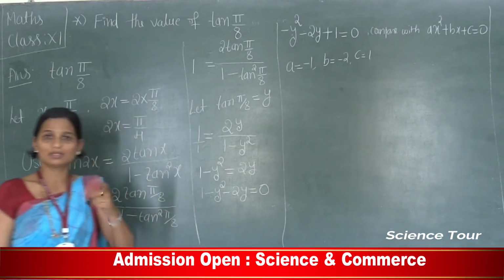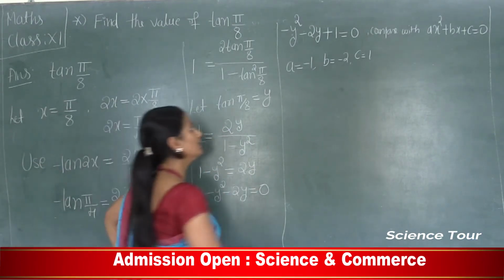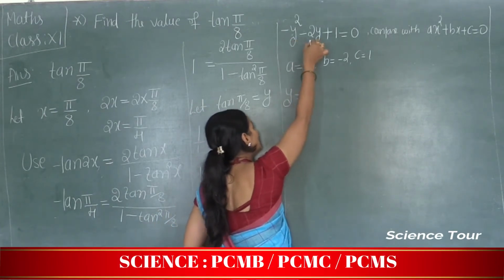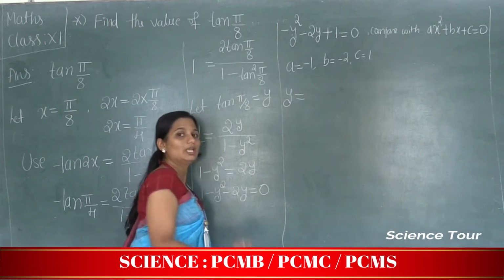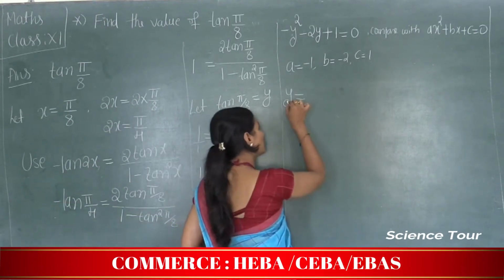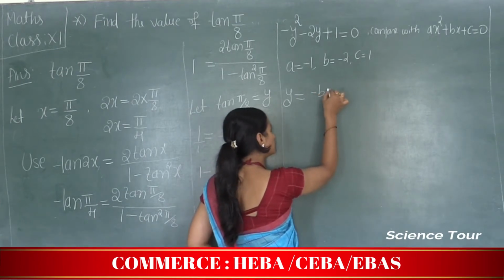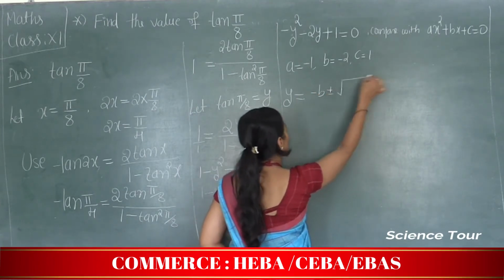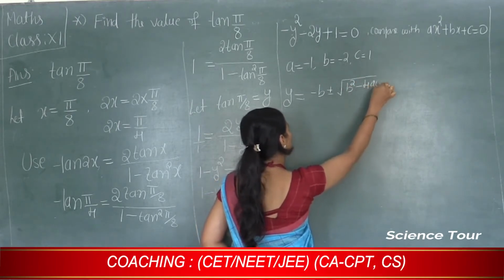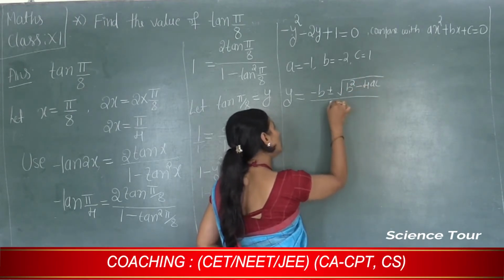What is the formula method that you studied in lower class, right? So the formula method is y is equal to, because this is the quadratic equation in variable y, right? So y is equal to minus b plus or minus square root of b square minus 4ac divided by 2a.